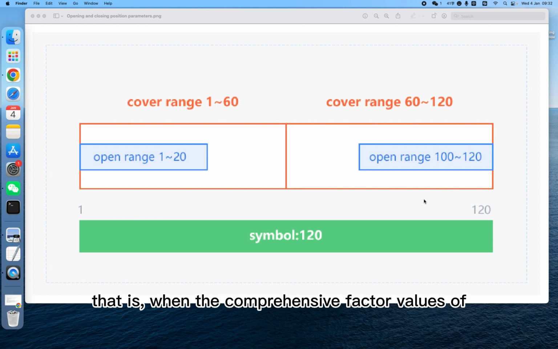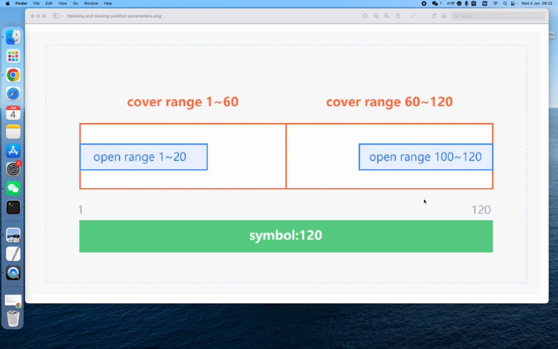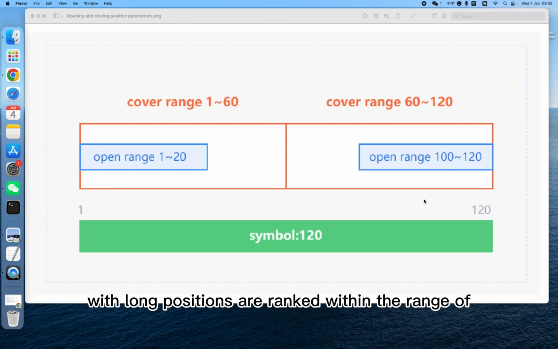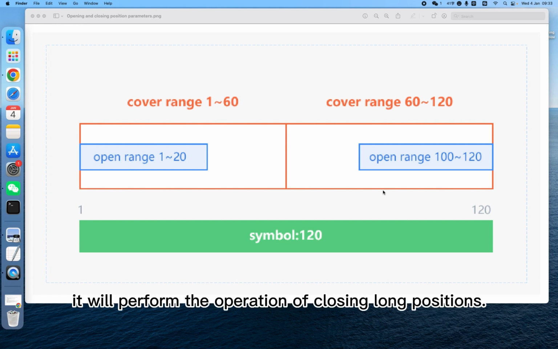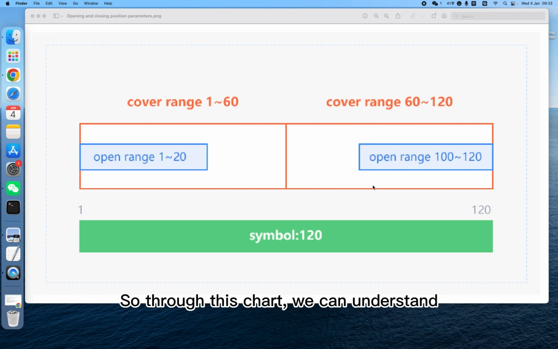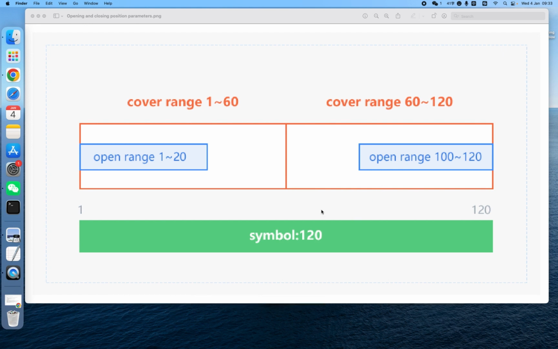That is, when the comprehensive factor values of these varieties with long positions are ranked within the range of 60 to 120, it will perform the operation of closing long positions. So through this chart, we can understand the meaning and usage range of these parameter settings easily.